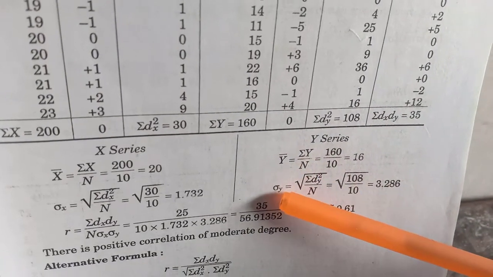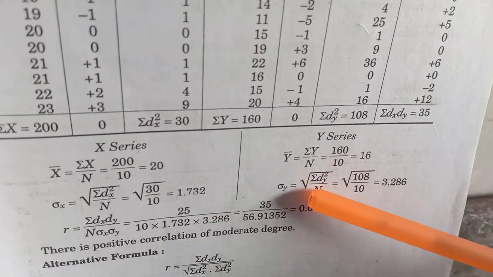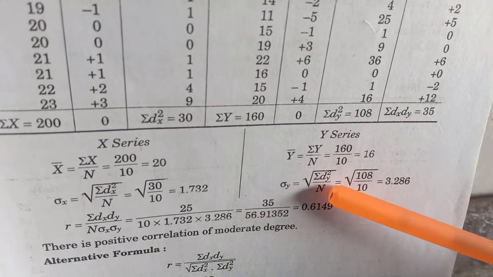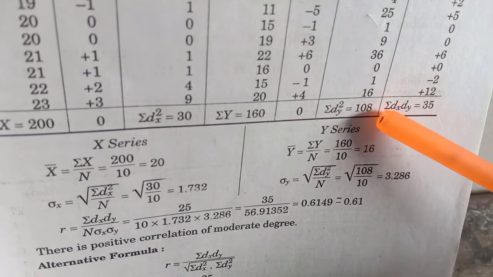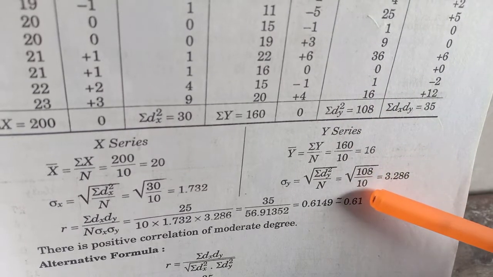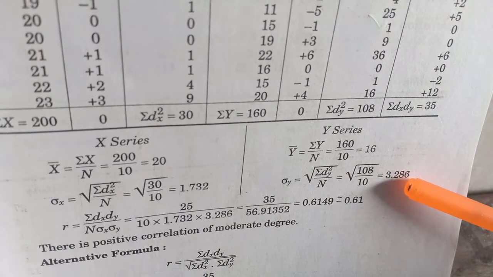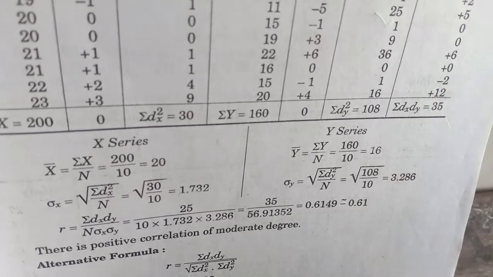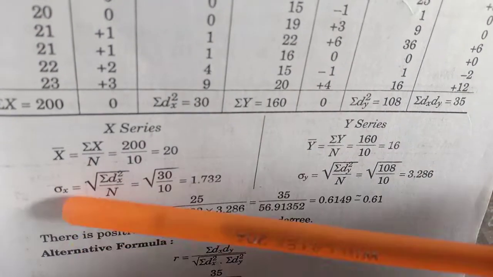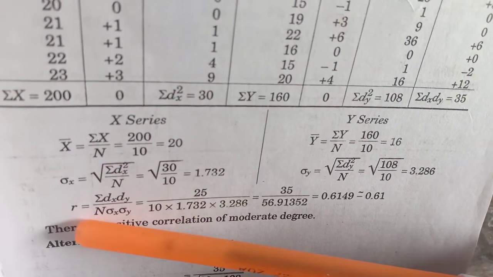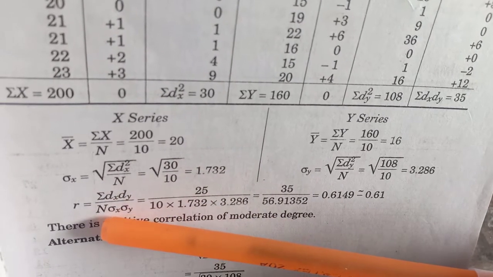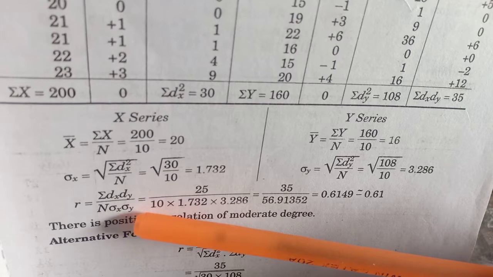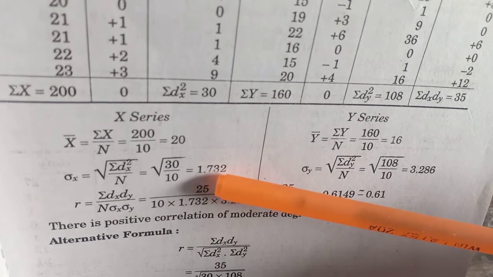Similarly, we find out the standard deviation of the y series, which is given by the formula under root summation dy square upon n. Summation dy square is 108 upon 10 and the answer is under root 3.286. This is our formula. R is equal to summation dx dy upon n into standard deviation of x into standard deviation of y.